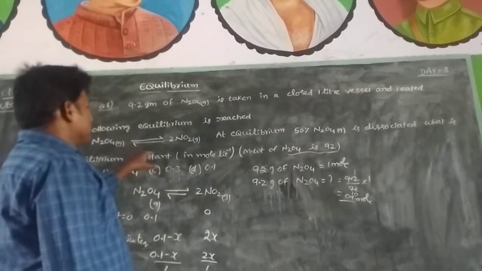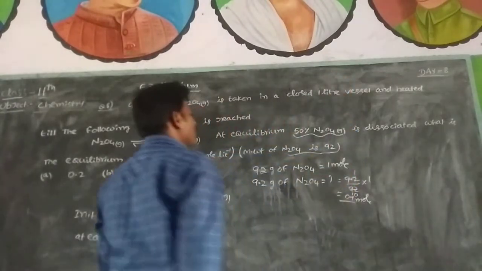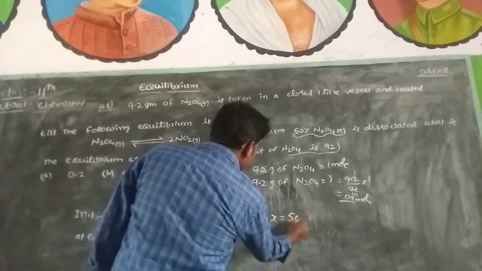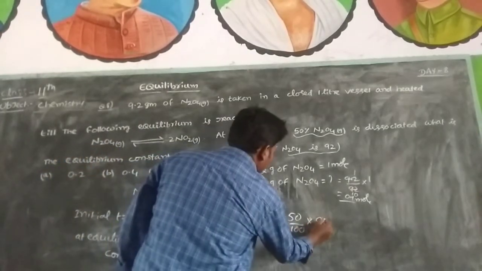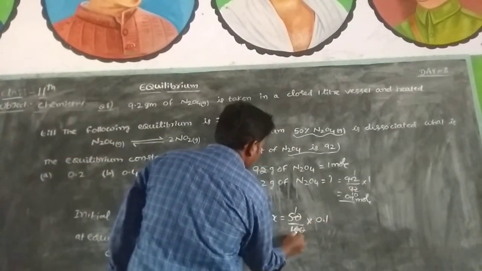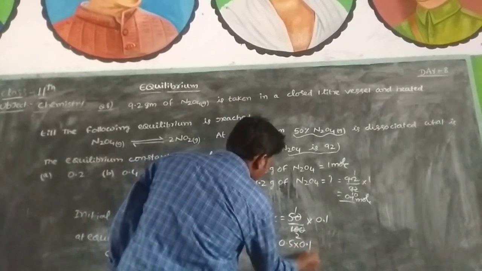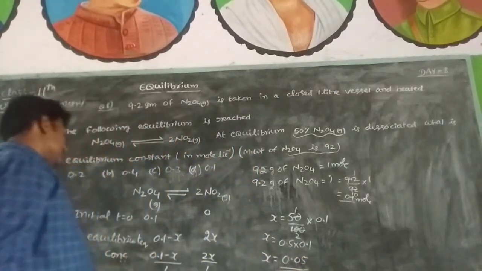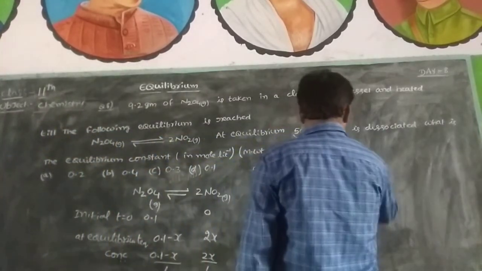But in this case, 50% of N2O4 is dissociated. 50% dissociated means x is equal to 50 by 100 into the moles, 0.1, that is 1 by 2, so x is equal to 0.5 into 0.1, that is 0.05. Here x is the degree of dissociation, 0.05.